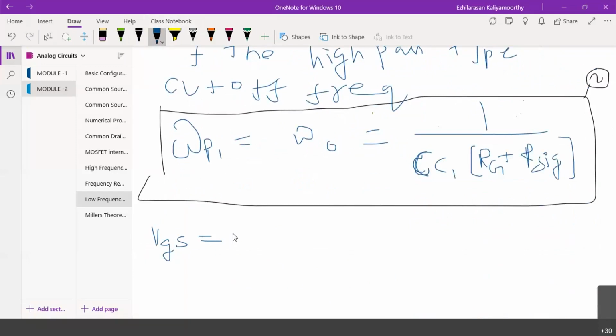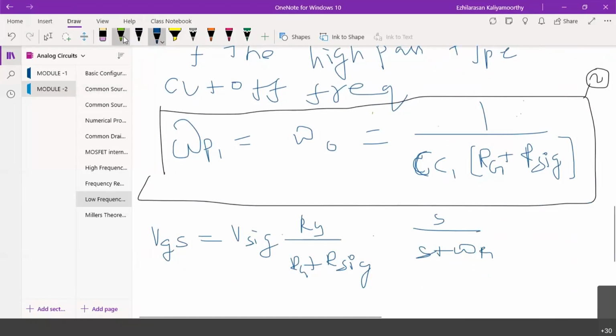Then VGS will become V sig into RG divided by RG plus R sig into S by S plus omega P1. This is the expression we'll get, right?